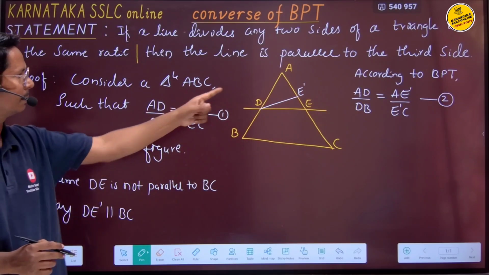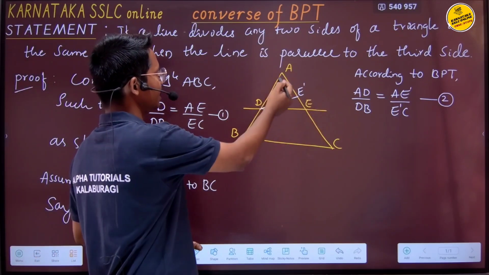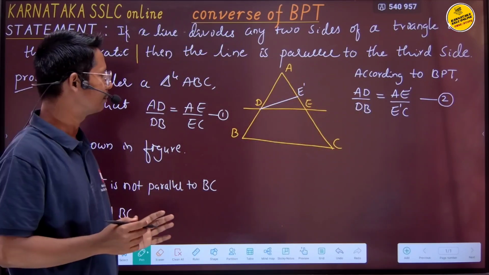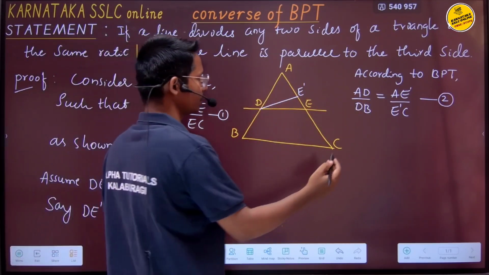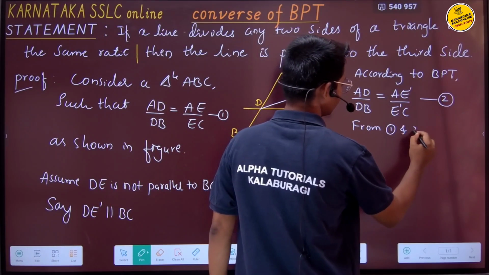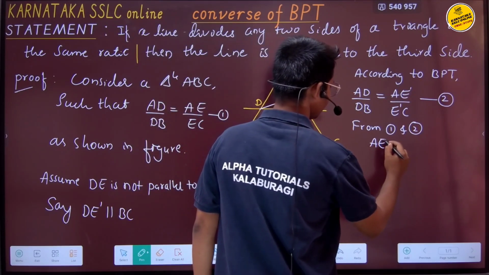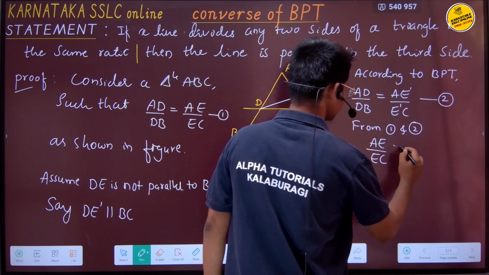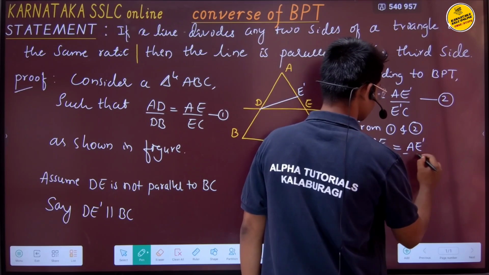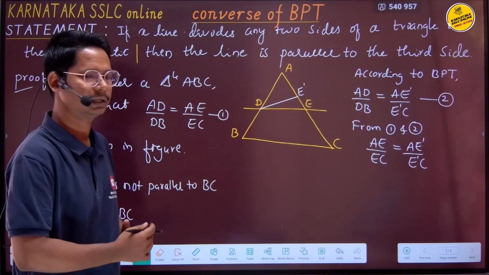If you compare both equation 1 and 2, the left hand side is the same: AD by DB, AD by DB. If the LHS parts are the same, you can equate the RHS parts. So from 1 and 2, I can conclude that the RHS parts are equal: AE by EC equals AE dash by E dash C. This is an important result.